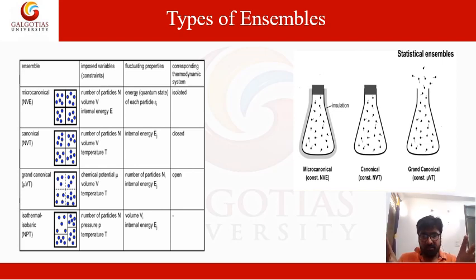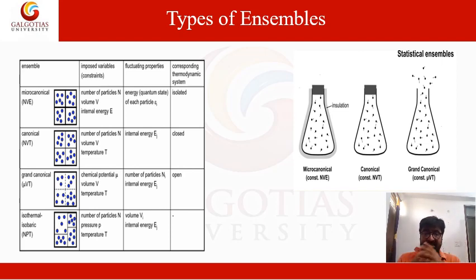So the microcanonical ensemble is very hypothetical, but in the beginning it is very important for students to know it, because once they are capable of dealing with it and their grip on these ensembles becomes strong, they will be able to switch to the canonical ensemble, grand canonical ensemble, and isothermal and isobaric ensembles.